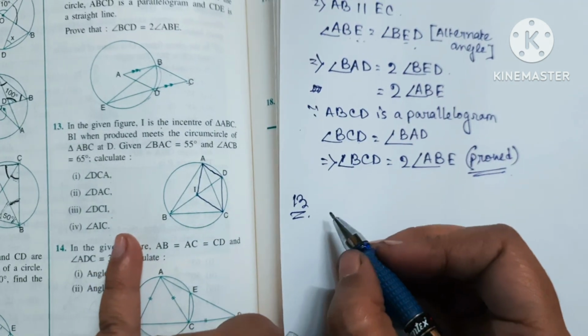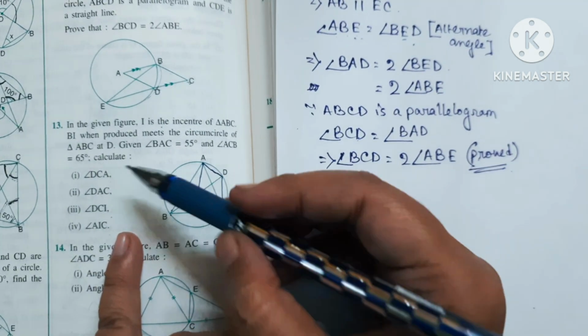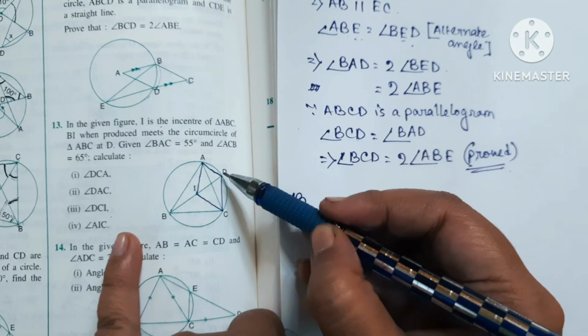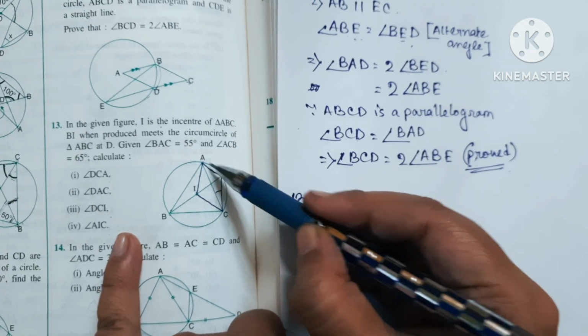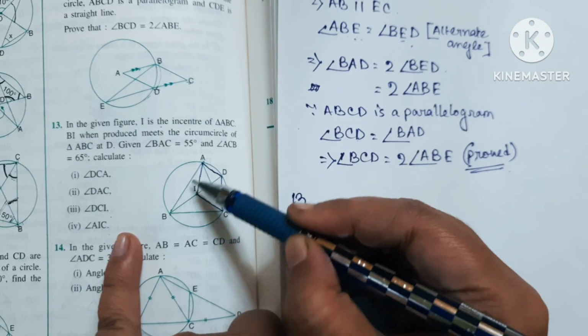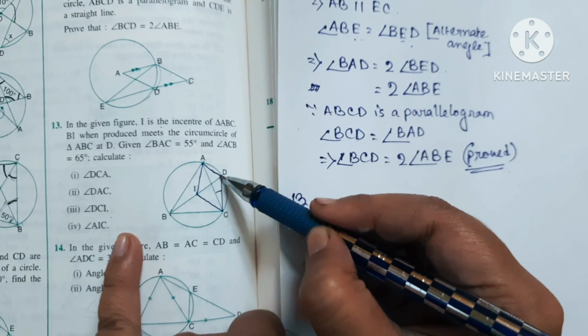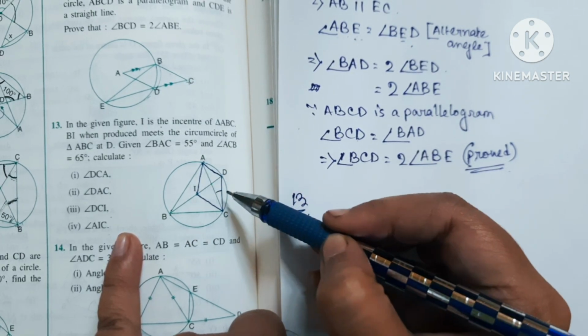Now you have to find out. Okay, so first thing is DCA, this angle. Now see, DCA and DBA are on the same segment AD, right? So they are equal.